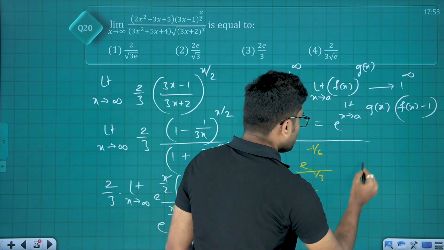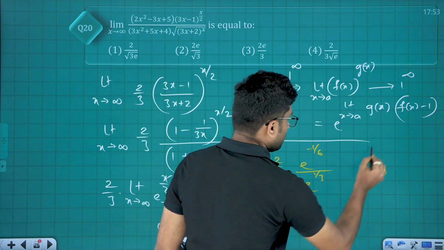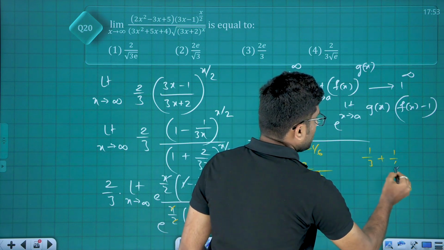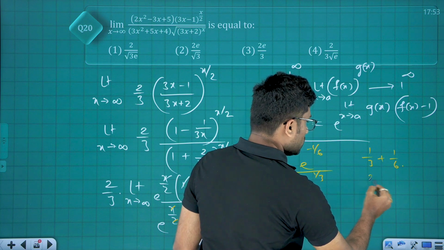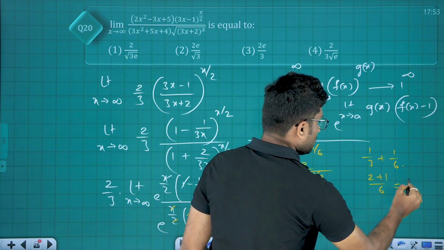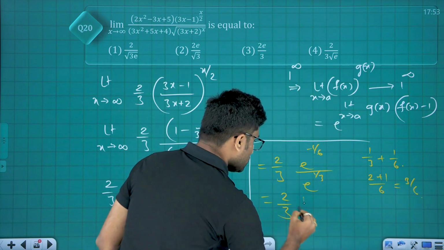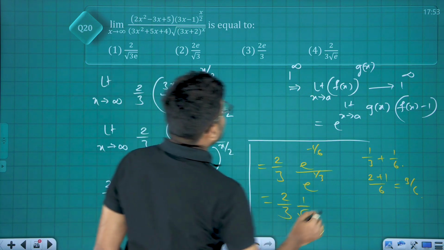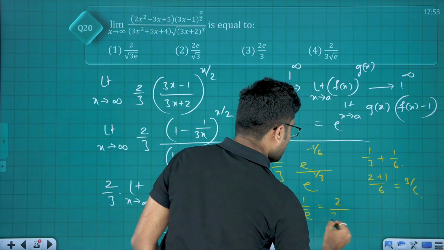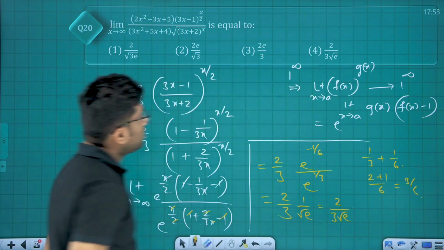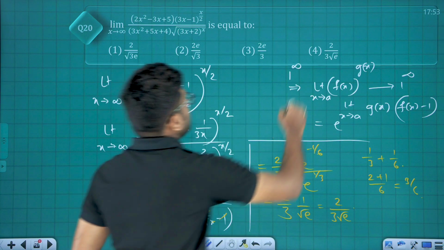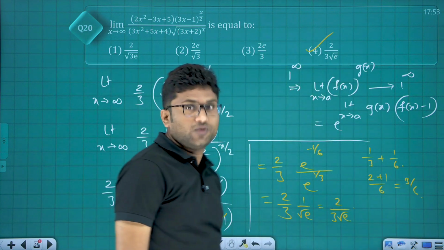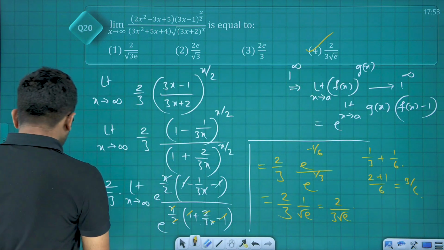If I take this to the denominator, 1 by 3 plus 1 by 6, that is 2 plus 1 by 6, which is equal to 3 by 6. So this is clearly 1 by root e, since 3 by 6 is root e. So finally this is 2 divided by 3 root e. Okay. So the answer is option 4, friends. Option 4. Now coming to the next.